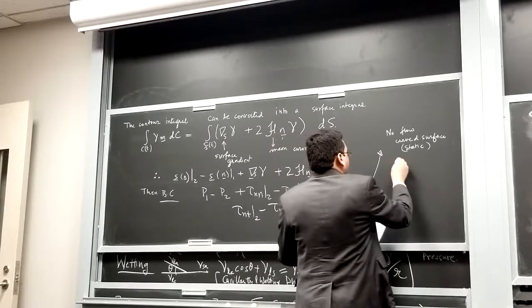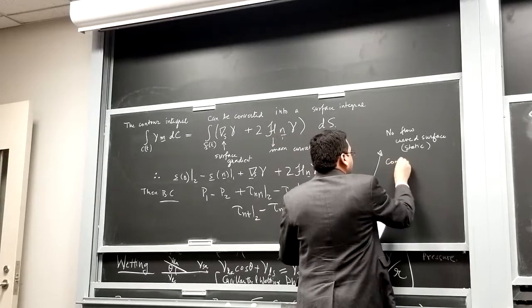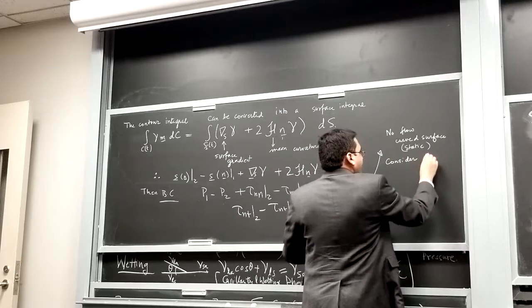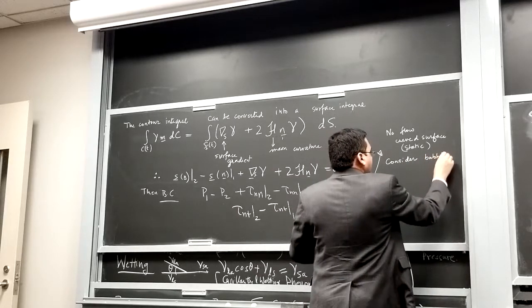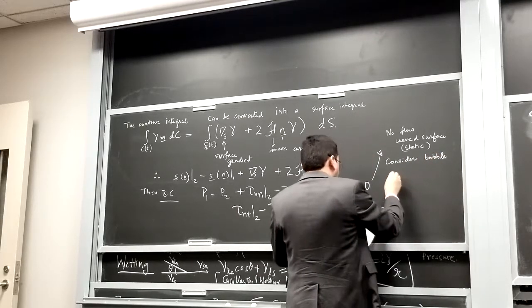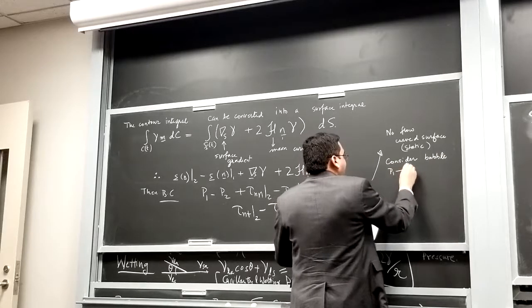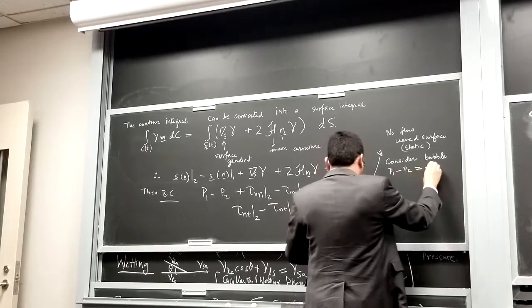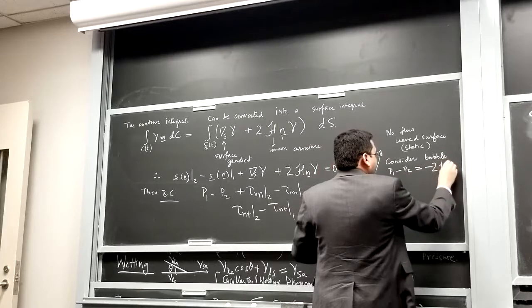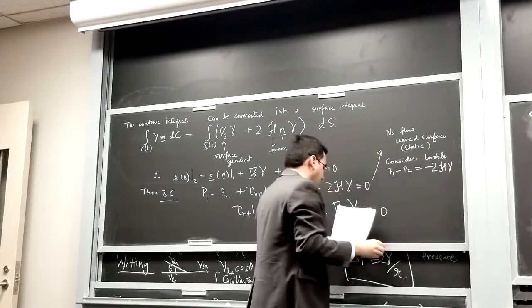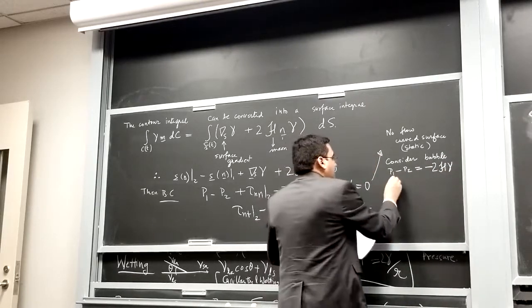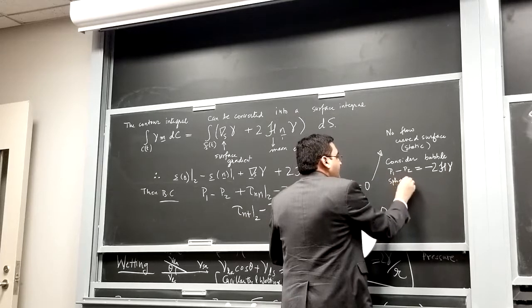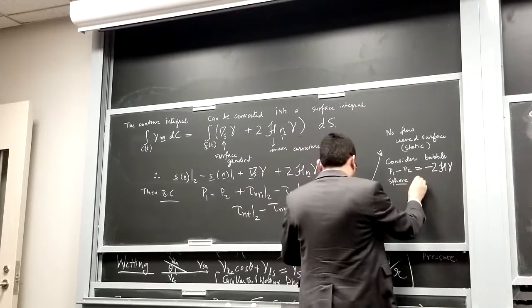Now if you consider case of a bubble, then it turns out that you have P1 minus P2 is equal to minus 2 H gamma. And we'll write down the full expression for curvature in few minutes.